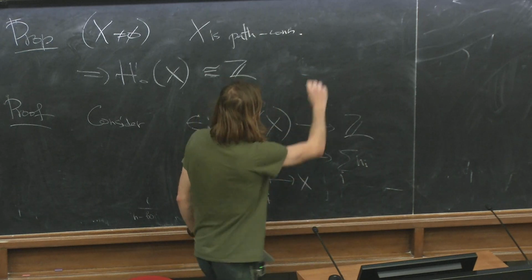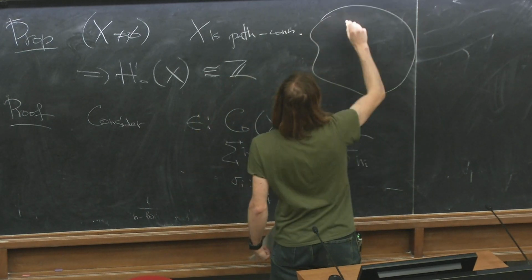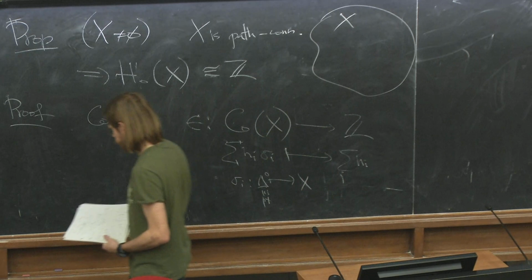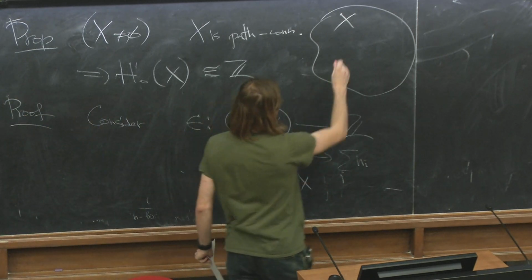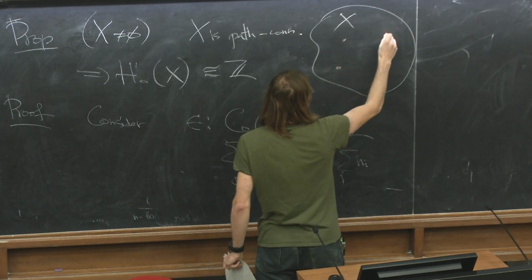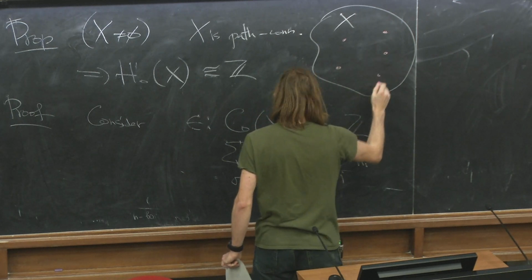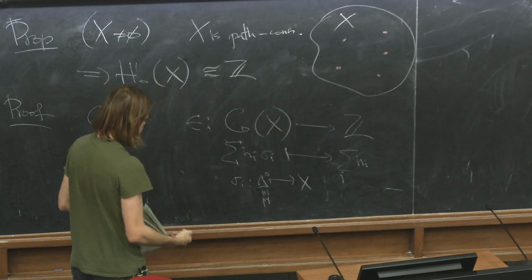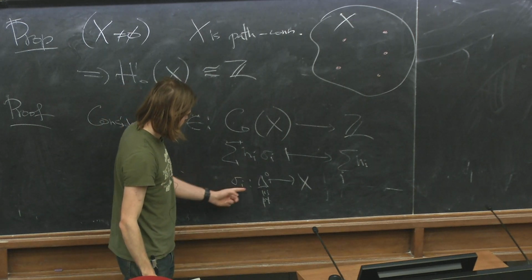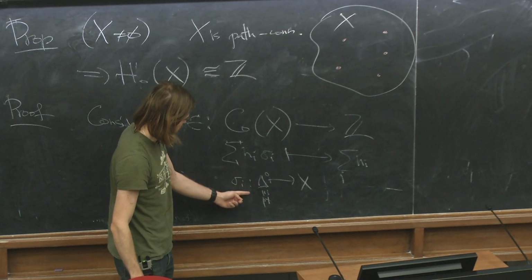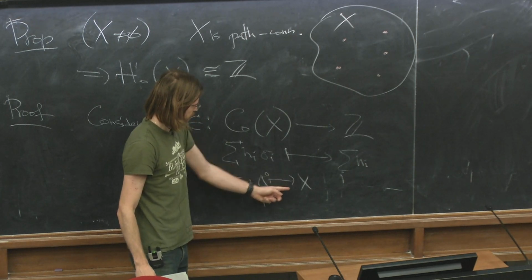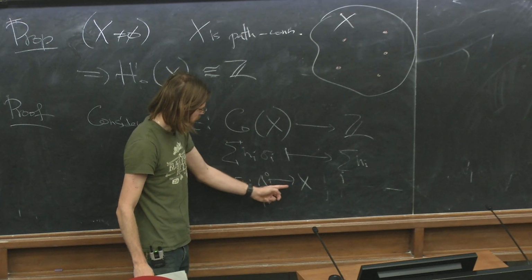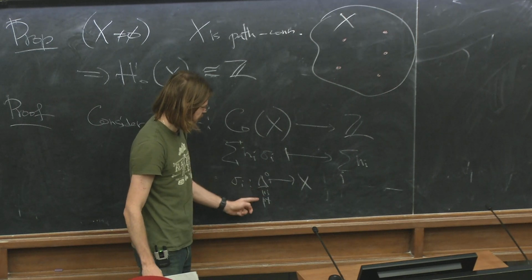So how does this look? We have a topological space X, and the 0-chain can be understood as just a bunch of points, because each sigma i here is just a map from a one-point space to X, so it's completely determined by the image of this single point.